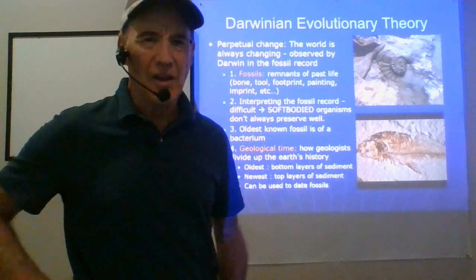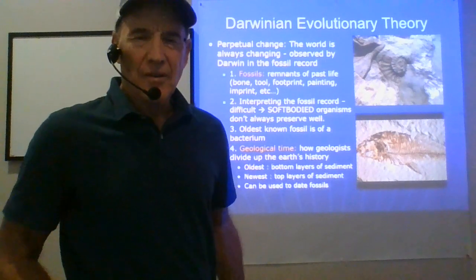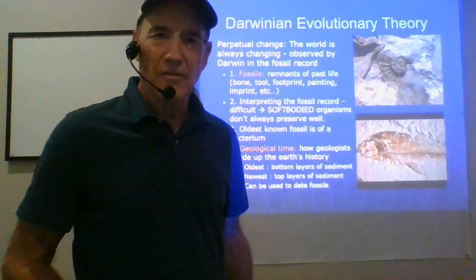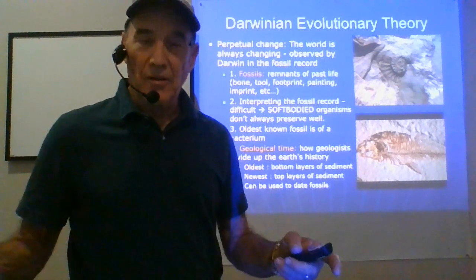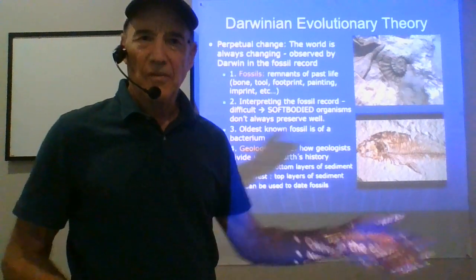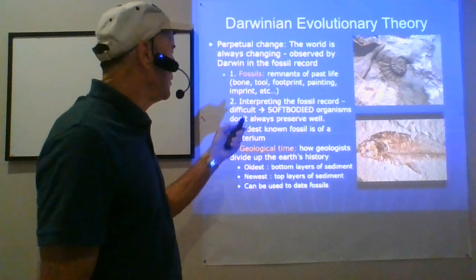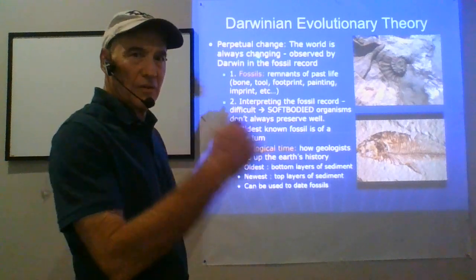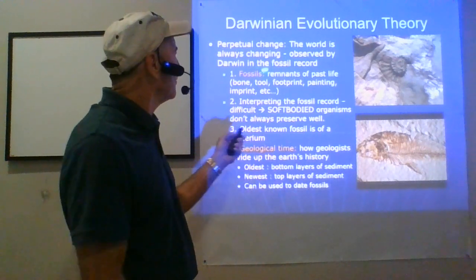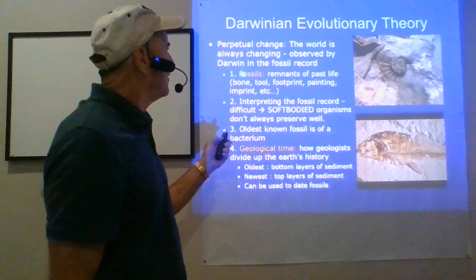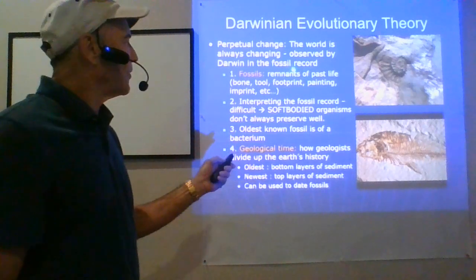He noticed that with a lot of things. A lot of things had changed. They were different from one another, but also different from the fossil evidence. Perpetual change, always changing over time. The world is always changing. Observed by Darwin in the fossil record.